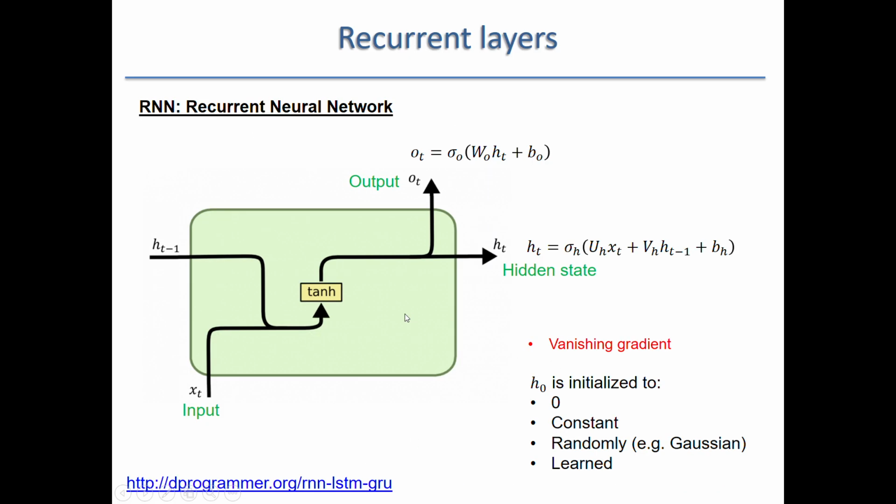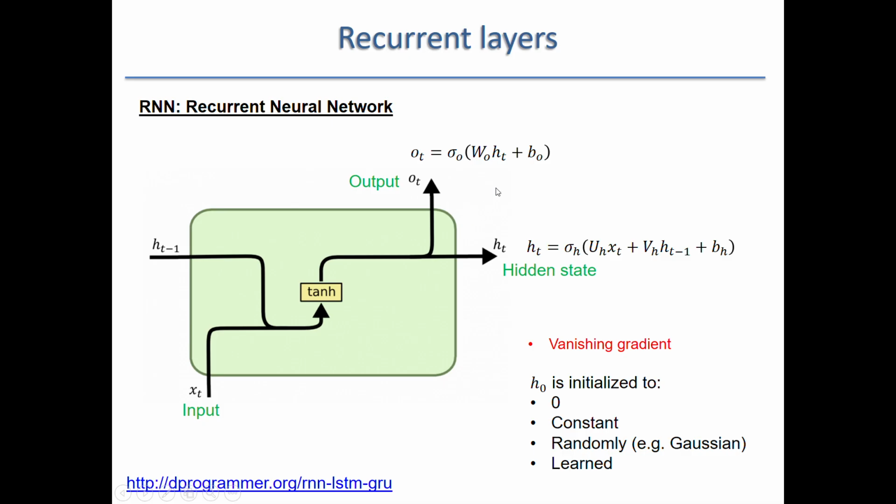So what kind of layers can we have there? One of the first ones designed for this recurrence was the recurrent neural network. The recurrent neural network had an internal state called the hidden state. It has the output as usual, which is just a dense connection, but the dense connection is not done through the input.